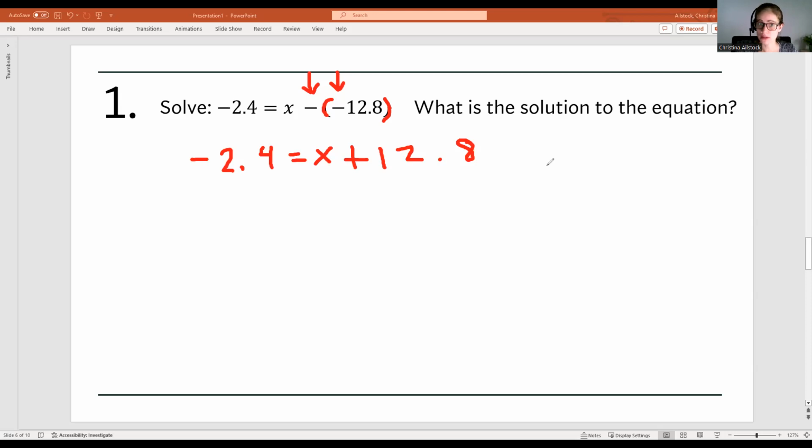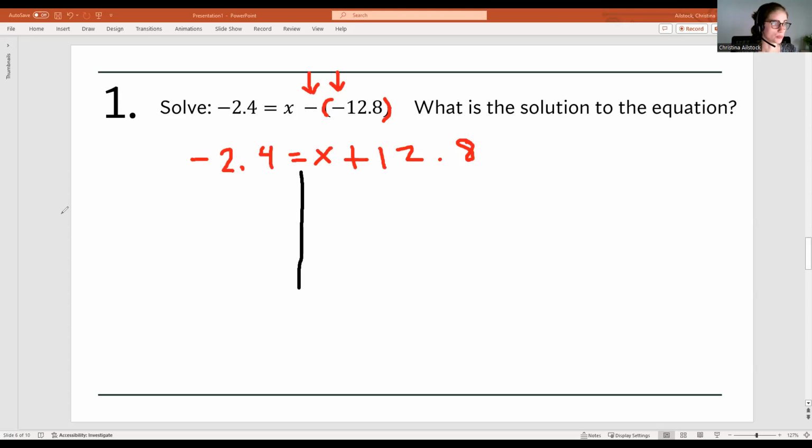Now that we've rewritten this, we can go about the business of solving for x by performing inverse operations. I like to draw a line through my equal sign. It helps me remember that balance, helps me make sure I do the same thing to both sides.